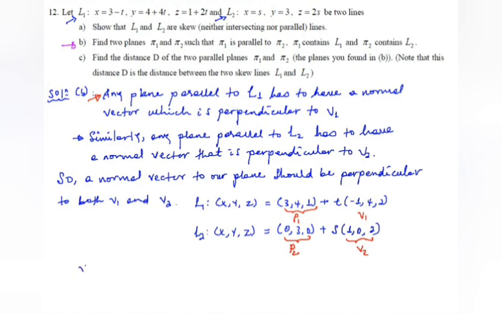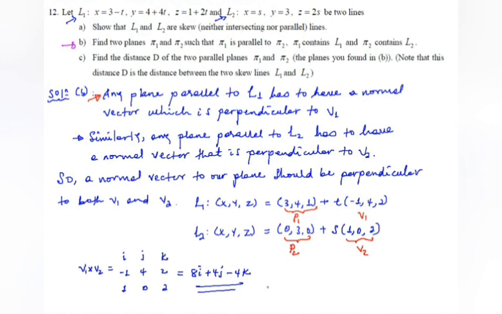V1 cross V2 gives, in ijk form, 8i plus 4j minus 4k. Don't forget to check my result. So this is the cross product of the direction vectors, and this vector will be a normal for both plane 1 and plane 2.